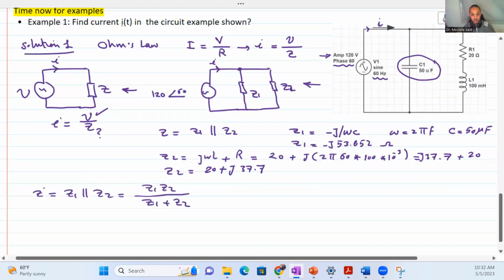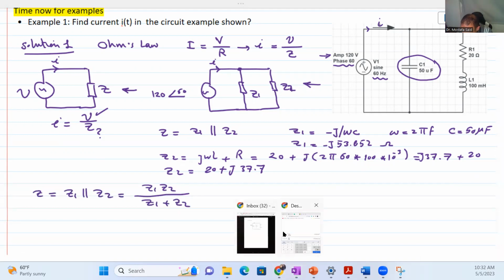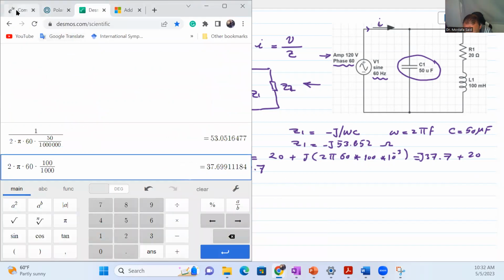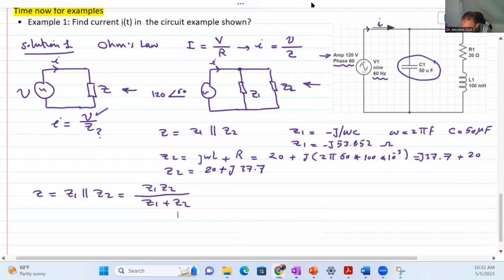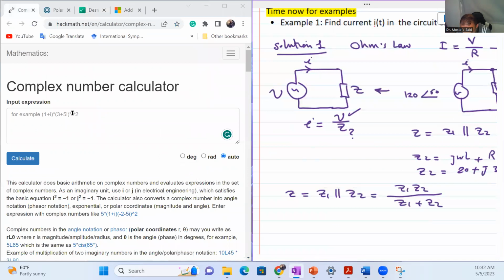And now it's time to use our online complex number calculator. So we're going to go here, and this guy, yep, this guy. Okay, so we're going to put this on the side here.